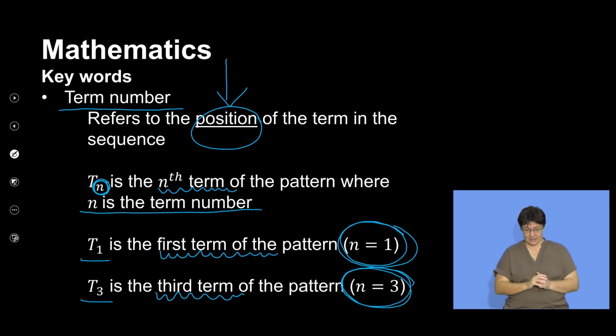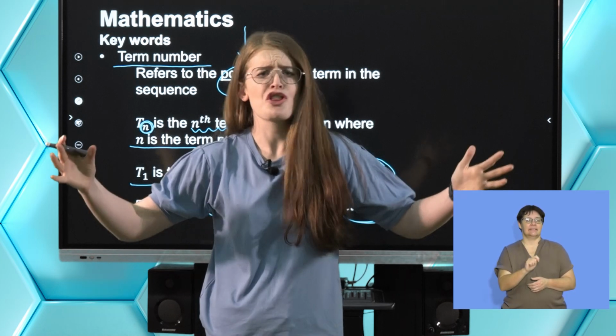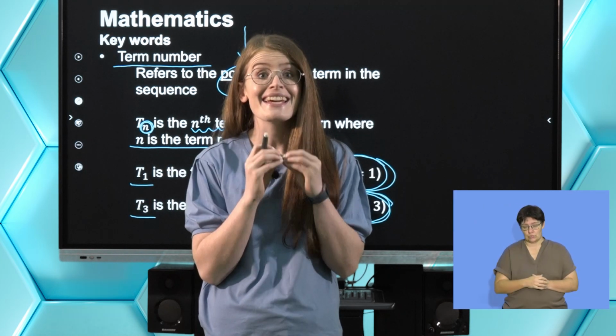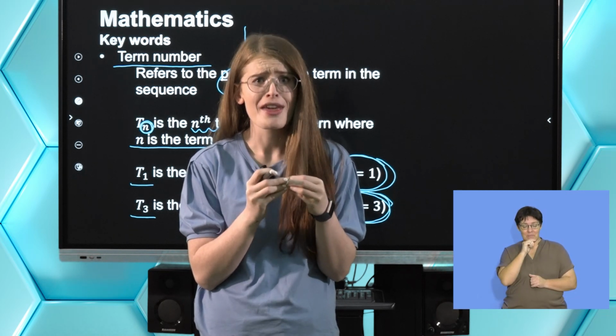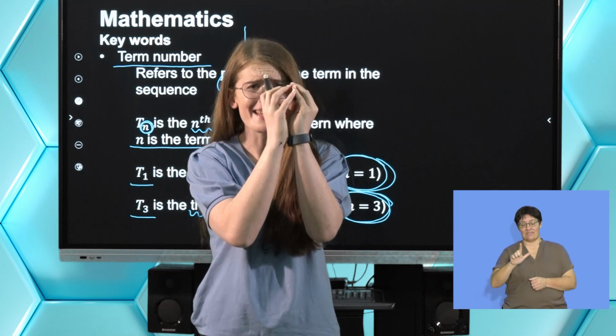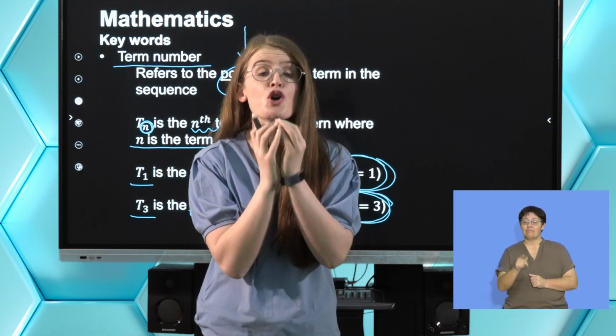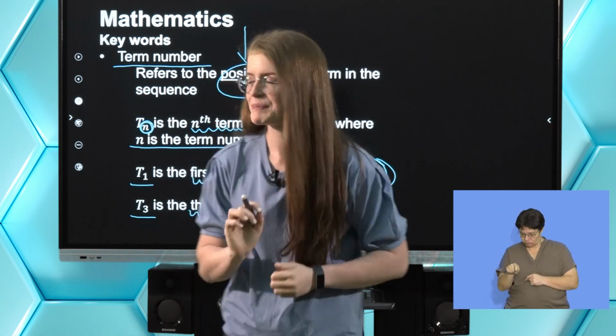We can continue using term number. I could say T732, where n is 732, that means it's the 732nd position of that pattern. So whatever's in that n is telling me the term number. Wonderful. Let's look at the next definition.